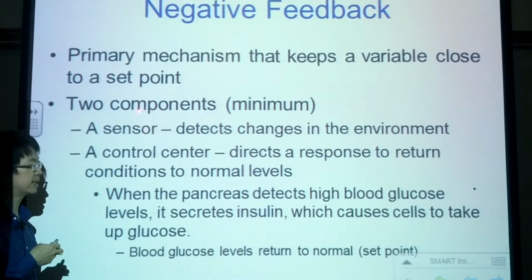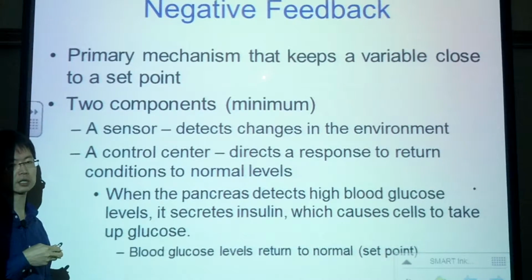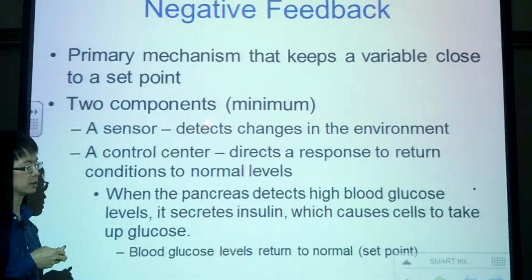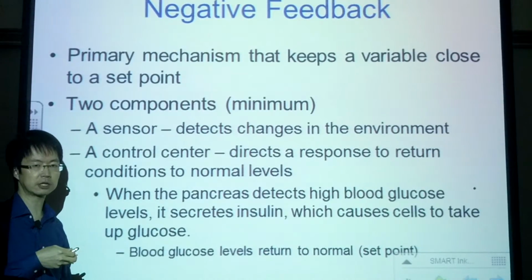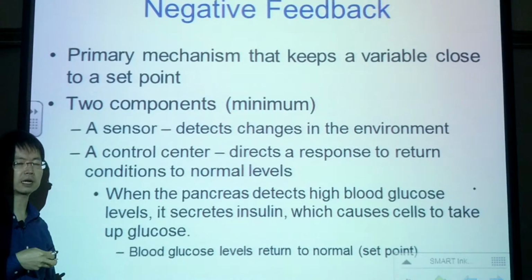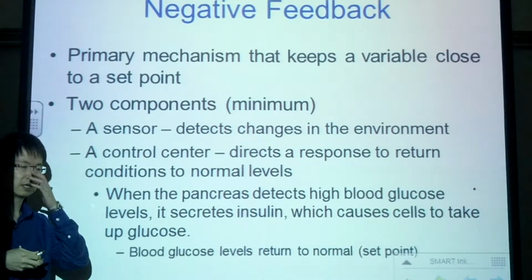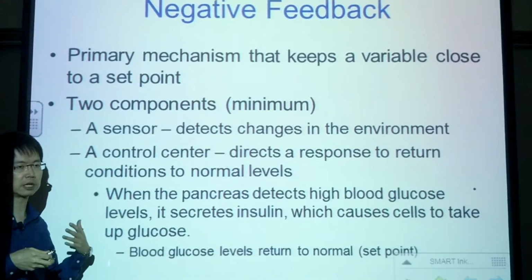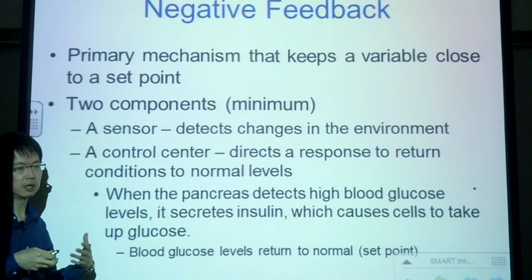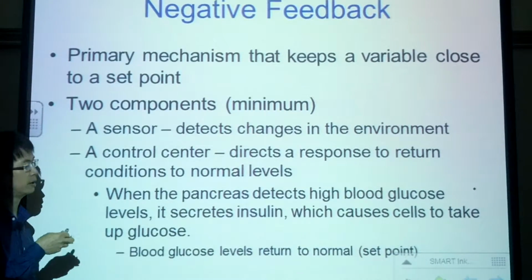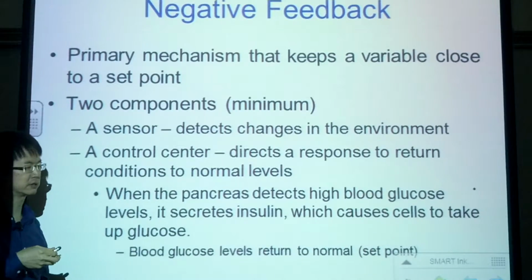So when the sensor receptor detects changes of temperature outside our body, it will send the signal, the action potential, to our central nervous system, to our brain, so that our brain will analyze the information, and then send the output signal to tell our body to change in response to the changes of the outside environment, so that the changes in our body will help us keep our body at a set point, or maintain homeostasis.